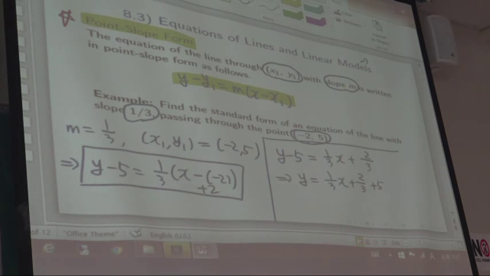So 2/3 plus 5: the 5 is the same as 15 over 3, because we have to make the common denominator, which makes it 17 over 3. So this is y equals 1/3 x plus 17 over 3. That is a simple format.